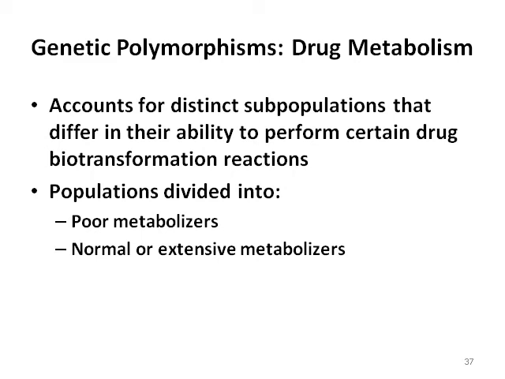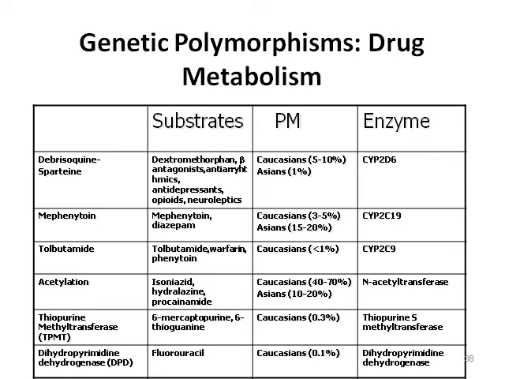We've known about this for years. We've described people as poor metabolizers or fast metabolizers. And then on slide 61, I've listed a number of these polymorphisms that have been identified. What you have is the probe, which is things like Debrisoquine-Sparteine, mephenytoin, and several of these others that can be used to determine it.